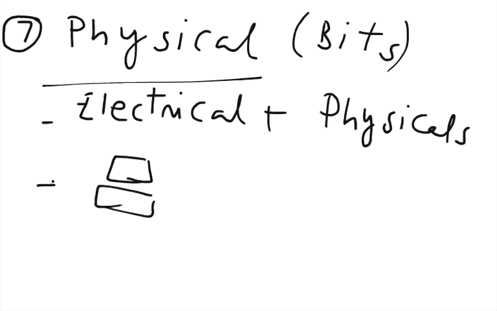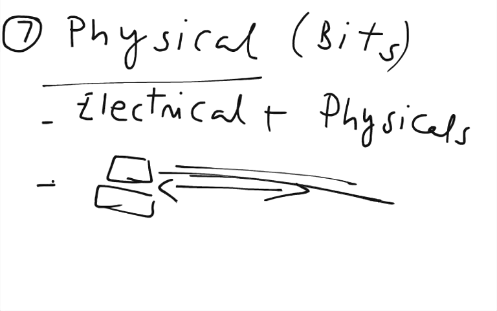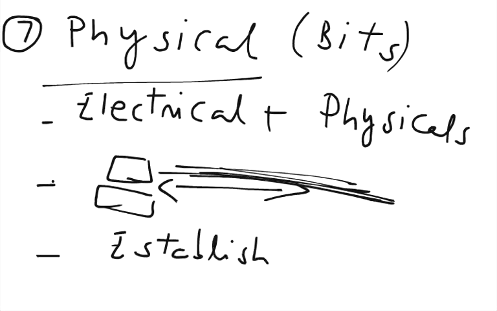So it defines the relationship between the laptop and the copper wire. And it also uses a protocol to establish and terminate our connection. So this is the main purpose of the physical layer.